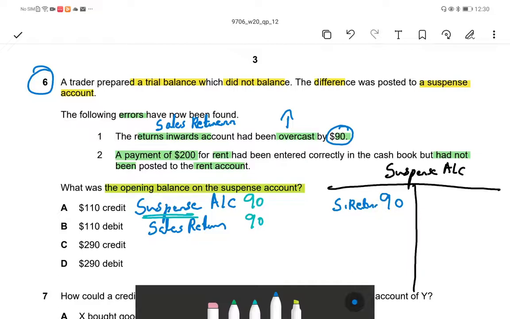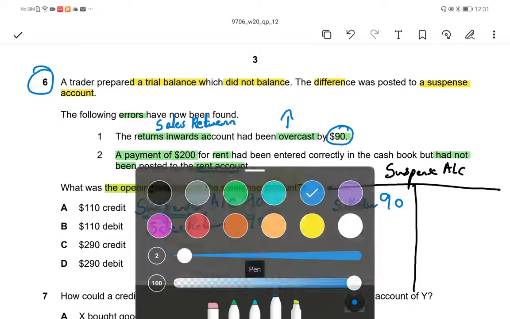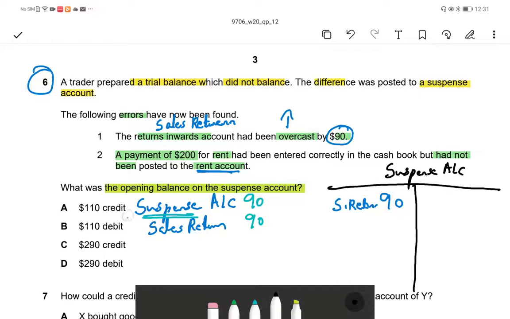Next, the payment of 200 for the rent had not been posted to the rent account. Rent is an expense, and all expenses are debited.